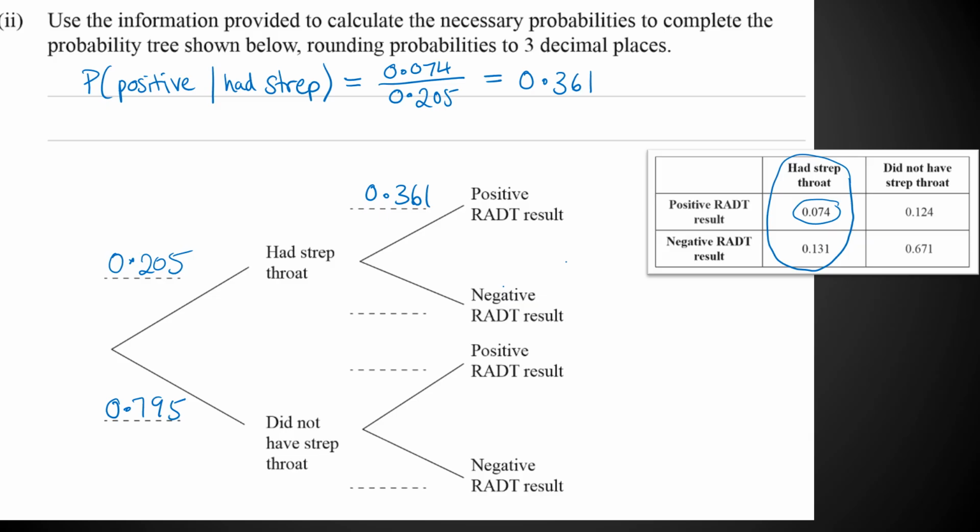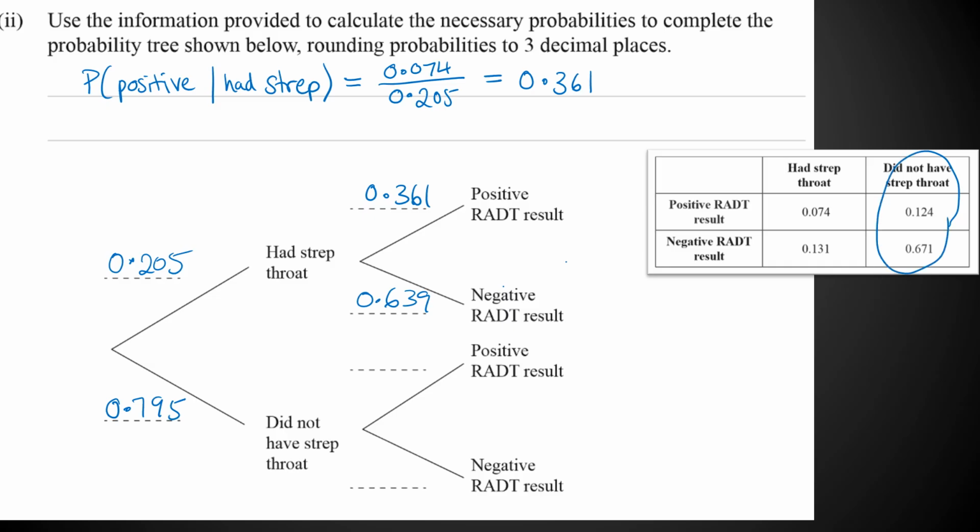We'll do a similar thing for the other branches. So had strep throat, negative result, well, they have to add up to 1. So this bit here will be 0.639. Now, didn't have strep throat and had a positive result, so we're looking at this group here.